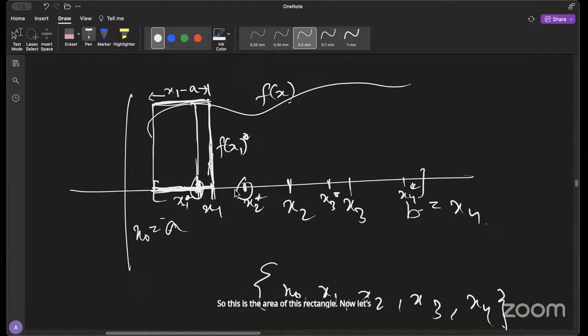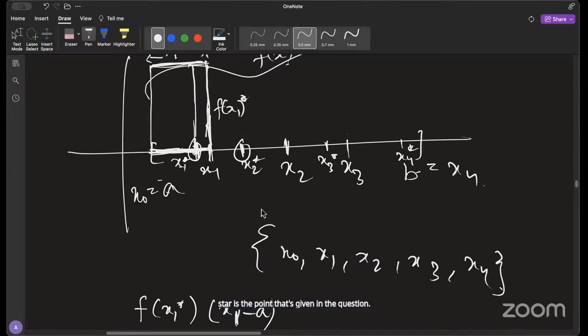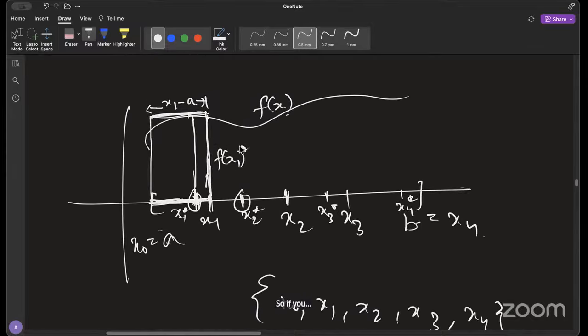Now let's come to the next subpartition, x1 to x2, and we do the same thing here. x2 star is the point that's given in the question. This height was f(x1 star) for the first rectangle. For the second rectangle, we're taking the height to be this one.